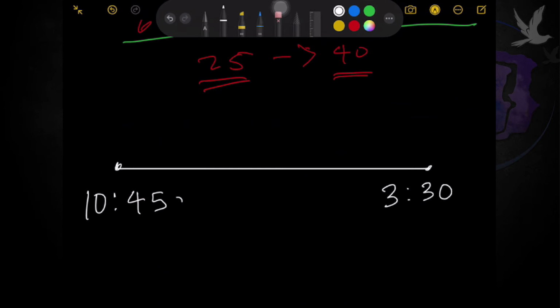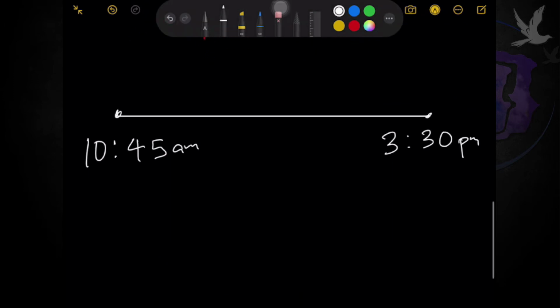Let's say this is AM and this is PM. Then again, so that it will be easier for you, change it to 24-hour time, and 3:30 p.m. is equivalent to 15:30 hours. Okay. Keep it there.